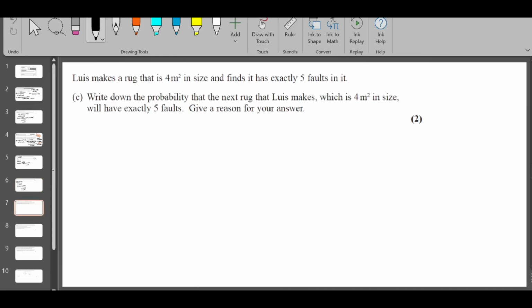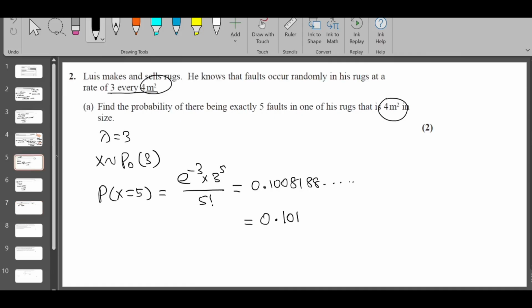Part C now. Louis makes a rug that is 4 meter square in size and finds it has exactly 5 flaws in it. Write down the probability that the next rug Louis makes, which is 4 meter square, same in size, has the same number of flaws. Give your reason. In part A, this is what we calculated, right?